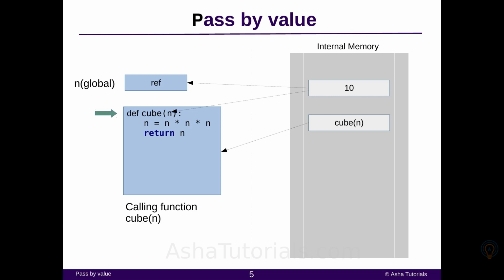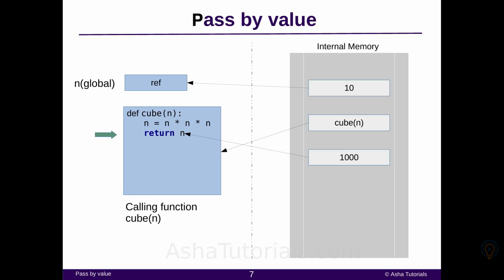So the same memory address is copied to the local variable n. Now we are modifying its value. So this is an assignment of a value to the local variable of the function, which is 1000. So a new immutable object of integer type is created, and it is stored inside the local variable n, and we are returning that value of the particular n variable.